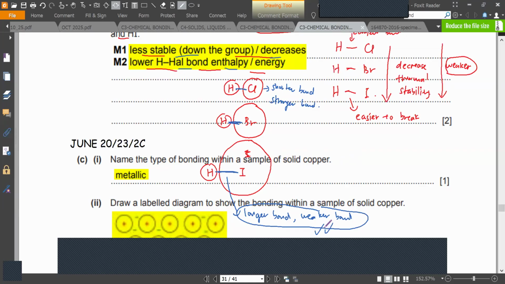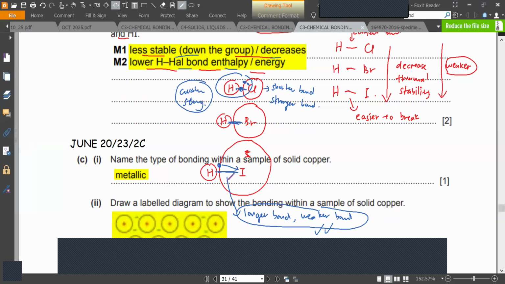And then another explanation. In this one, the outer electron is far away from the nucleus. In this one, the outer electron is close to the nucleus. When the outer electron is close to the nucleus, it's easier to attract the electron in the covalent bond, so this covalent bond is stronger.